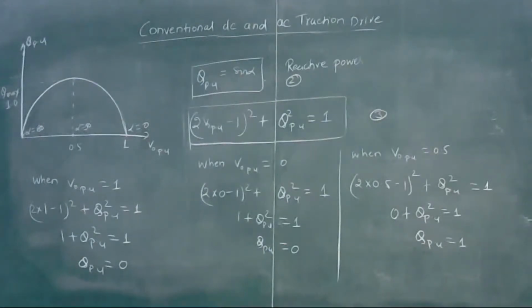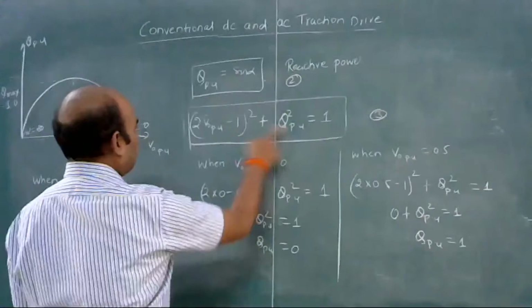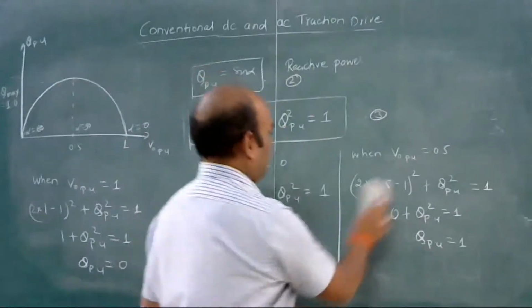So reactive power is a function of output voltage.